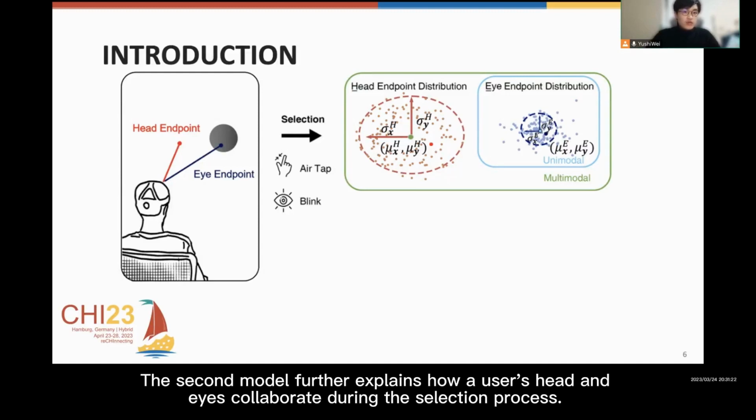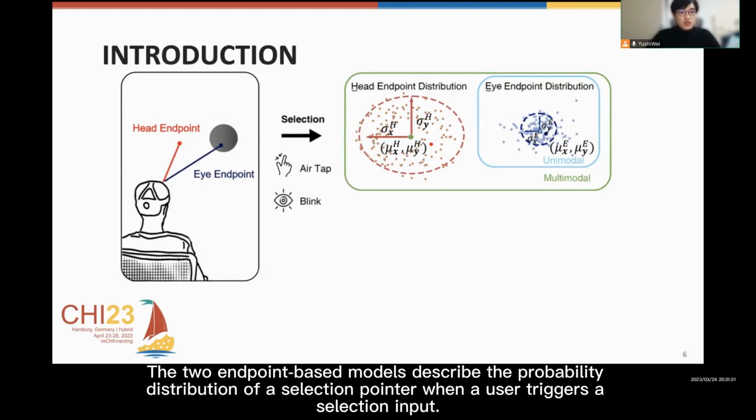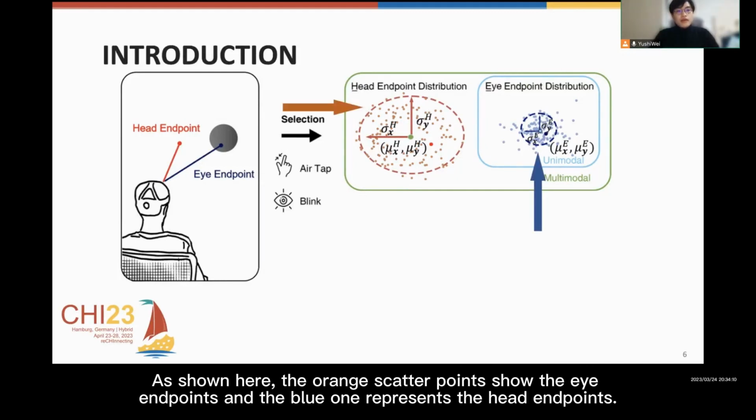The second model further explains how a user's head and eyes collaborate during the selection process. The two endpoint-based models describe the probability distribution of a selection point when a user triggers a selection input. As shown here, the orange scattered points show the eye endpoint, and the blue ones represent the head endpoint.